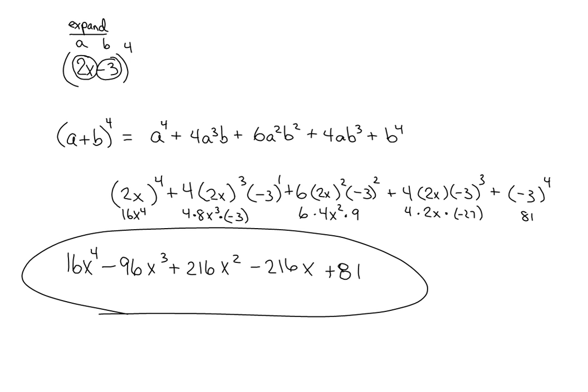Okay. Now what they're going to do is they're going to give you something that looks like this. X plus 2 to the 17th power. But they're not going to ask you to expand the whole thing.